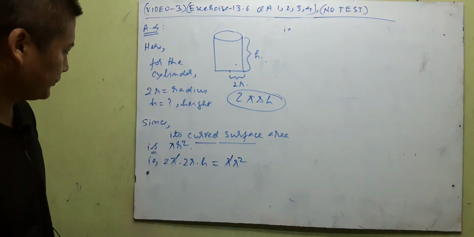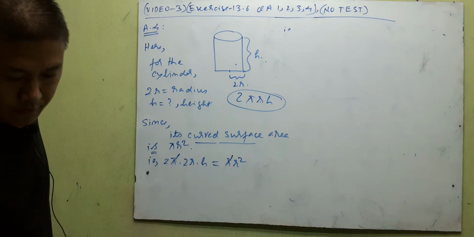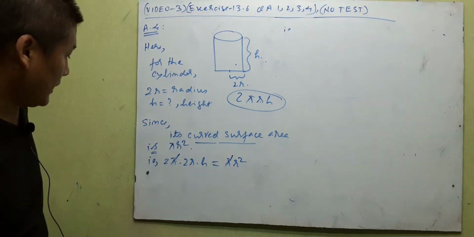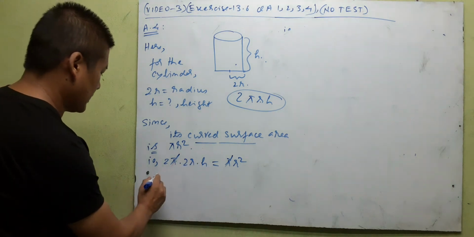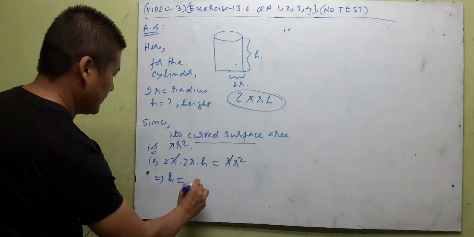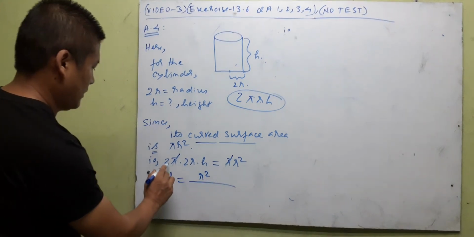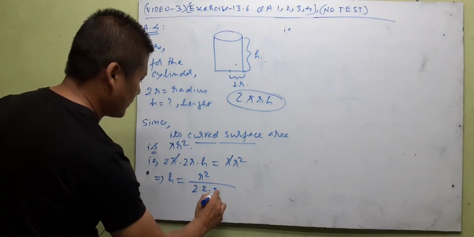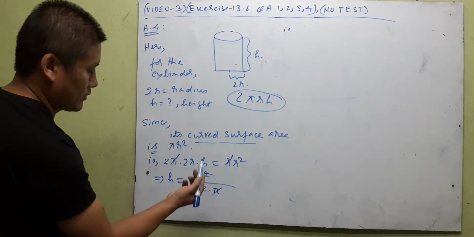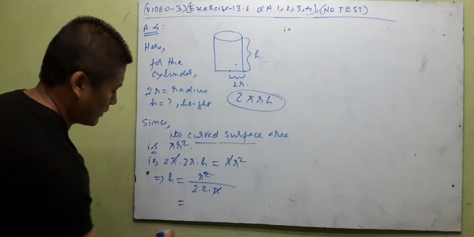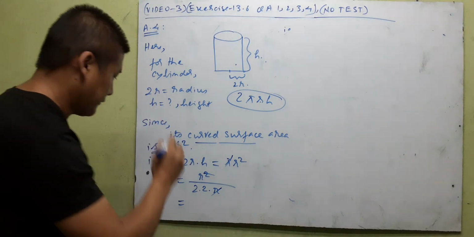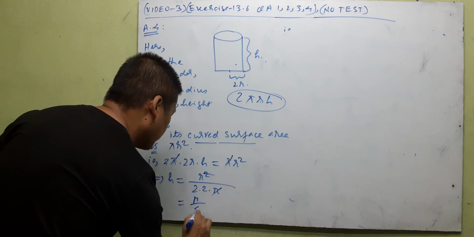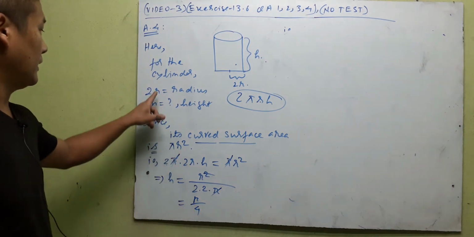Right, so here we can just write down h. Just keep h on one side and then shift the rest, r square by this 2 and 2 will come down along with the r. So r to the power 1, 2 minus 1 gone. So h is equal to r by 4. We've got the height and the radius here.